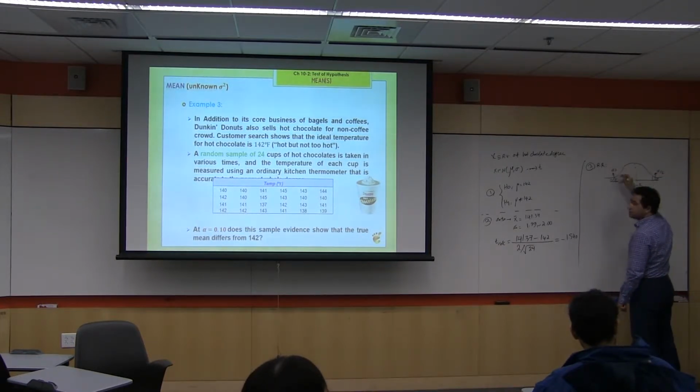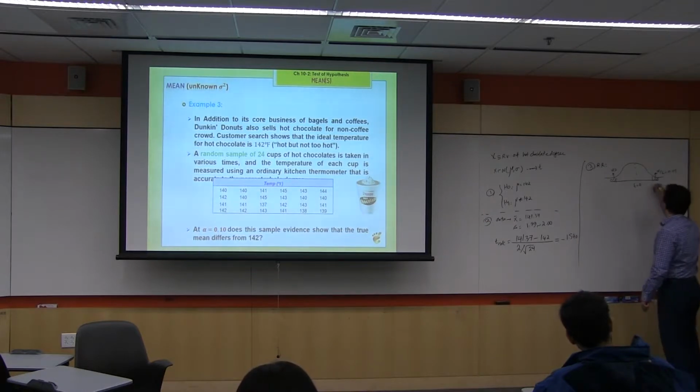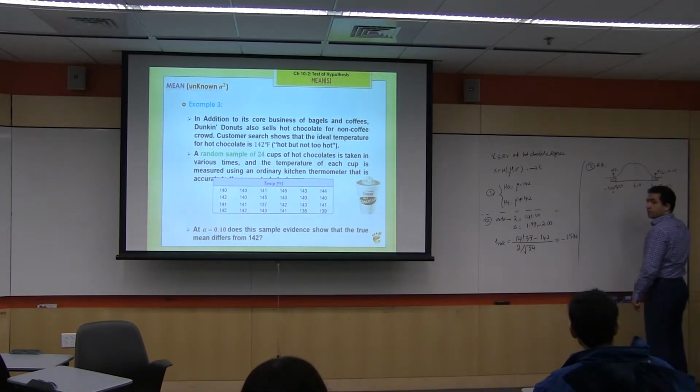Alpha is what? 0.10. Yeah, but alpha was 0.05, so this is t of 0.05 and degrees of freedom? 23. Negative t of 0.05 and 23. What are the t values? 1.714. Negative 1.714.